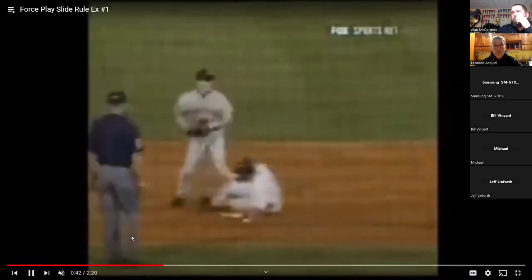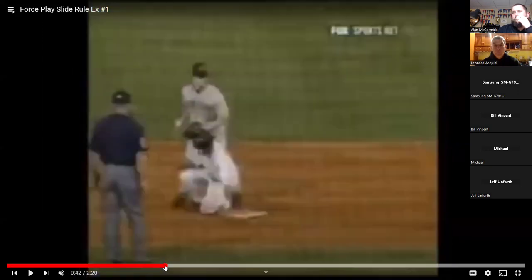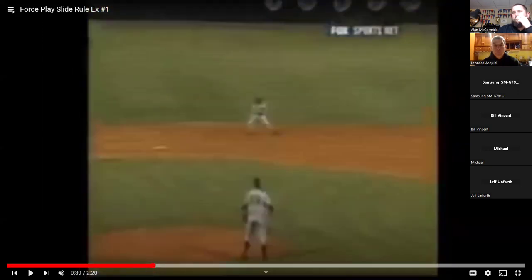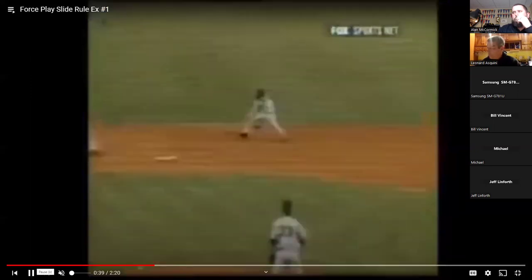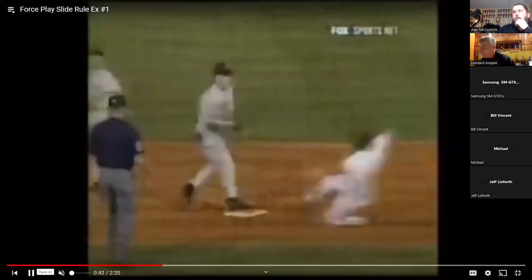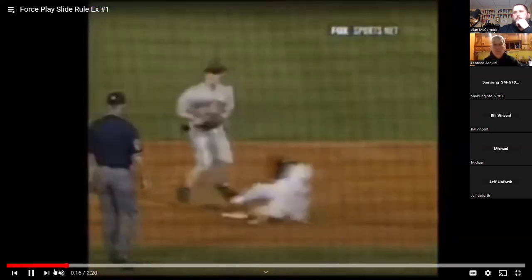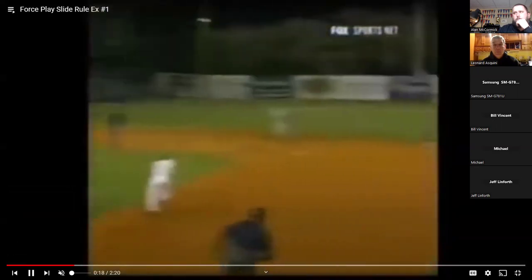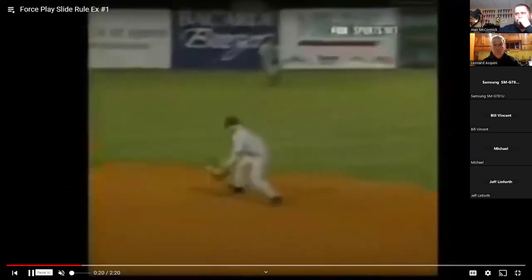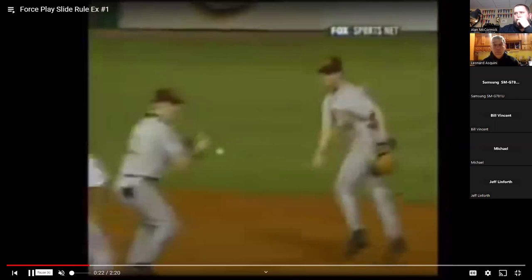So watch where this runner slides. This is a good one with contact beyond the base. I know it's a little grainy, but would that be a forced play slide rule violation? Yeah.